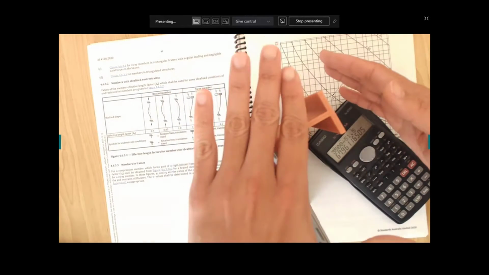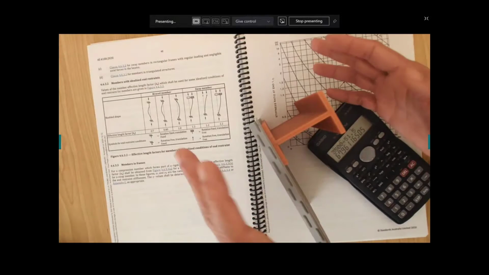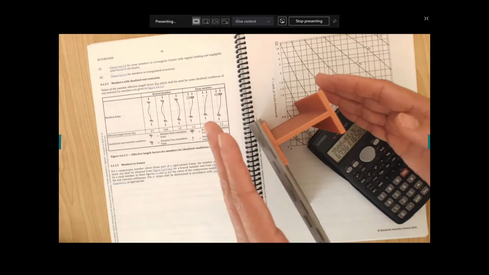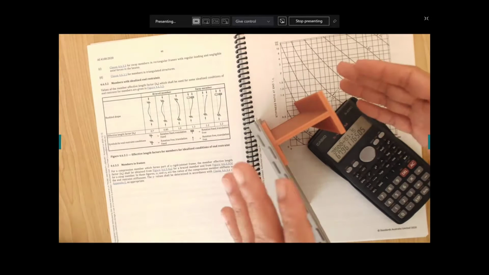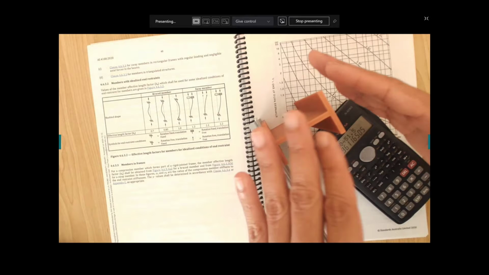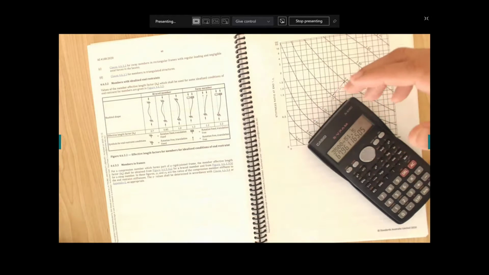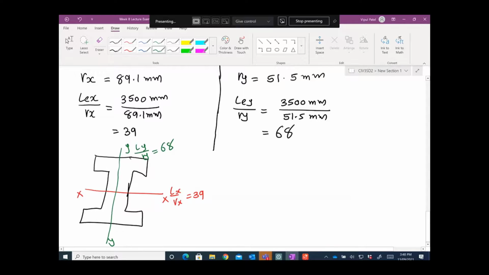The larger slenderness ratio is about the y-axis, so our column's governing buckling will occur about the y-axis. It also follows the smallest radius of gyration: for the same length, if r is lower, the slenderness ratio is higher.